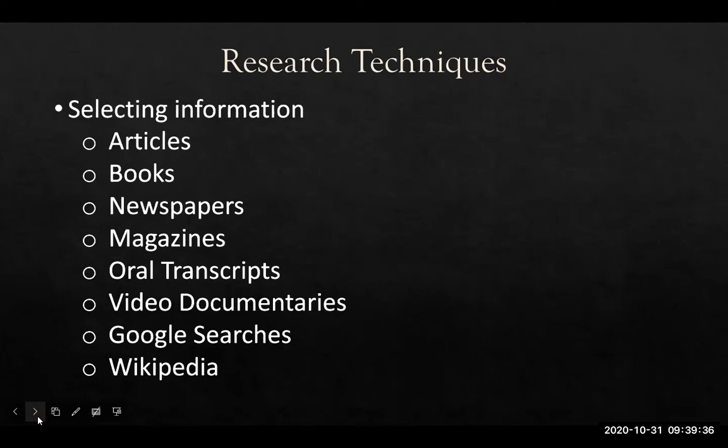But never say, I got the information from Wikipedia. Just don't do that in a paper, because most professors will probably slap your hand for it. But it's a good place to start. If you're completely lost and you haven't got a clue what you're going to do, go ahead and type your topic into Wikipedia, go to the end, and look at the sources that Wikipedia uses. Any questions?